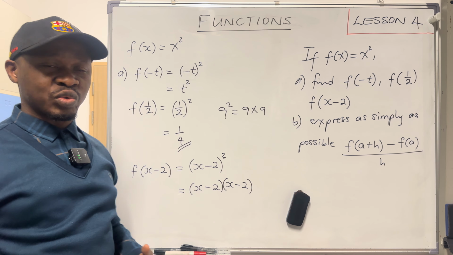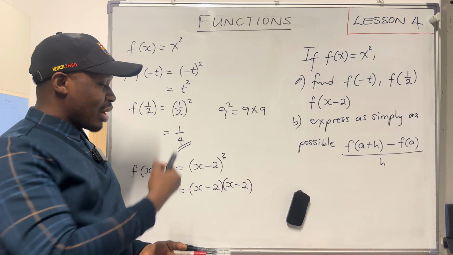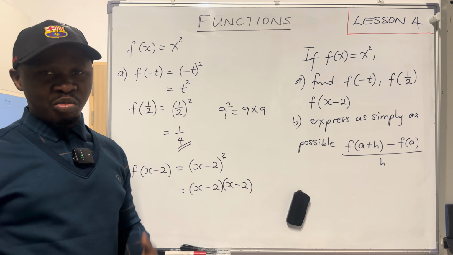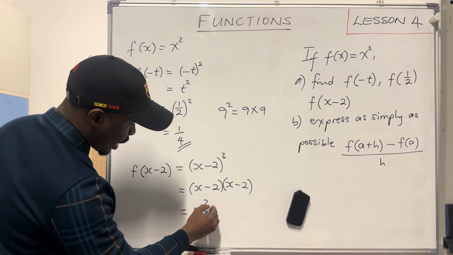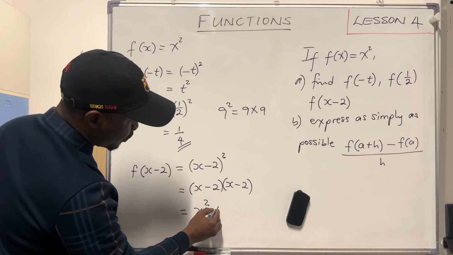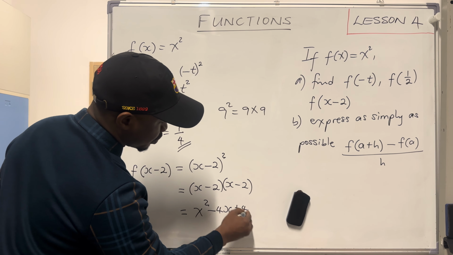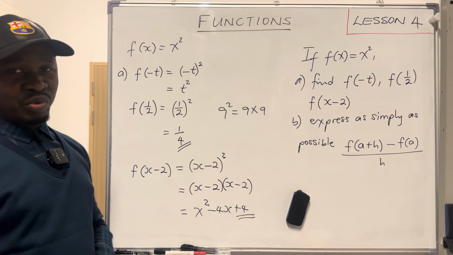It is already understood that two or more brackets written without a sign between them means multiplication. So this will give us x squared minus 4x plus 4.